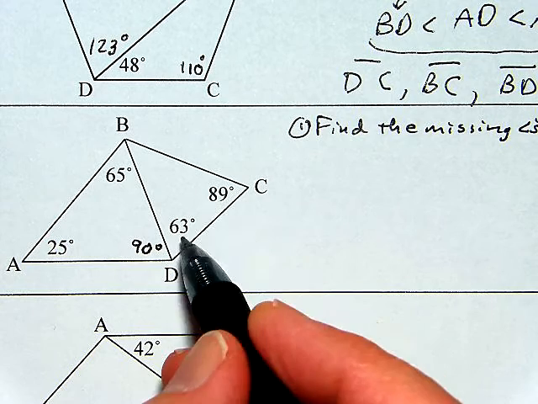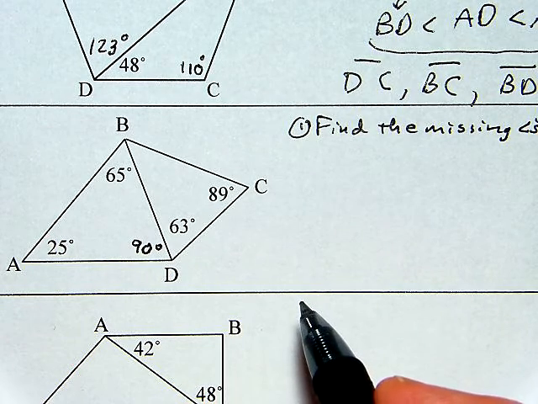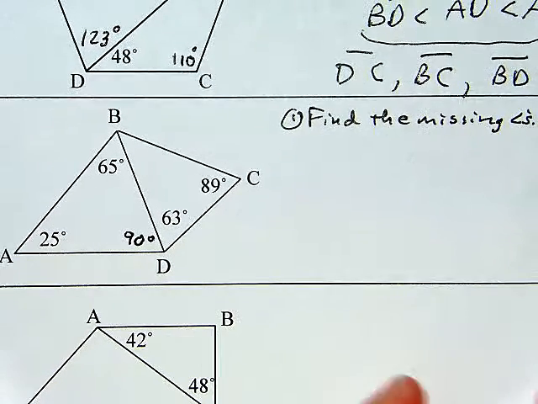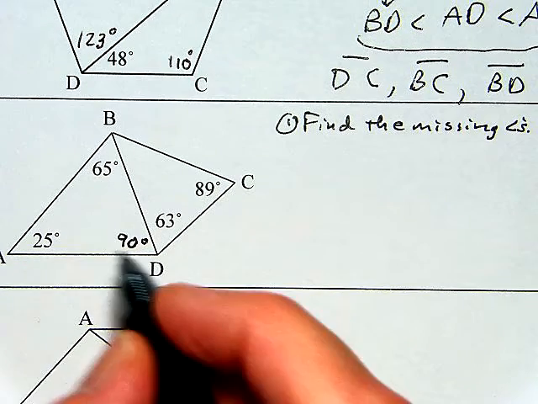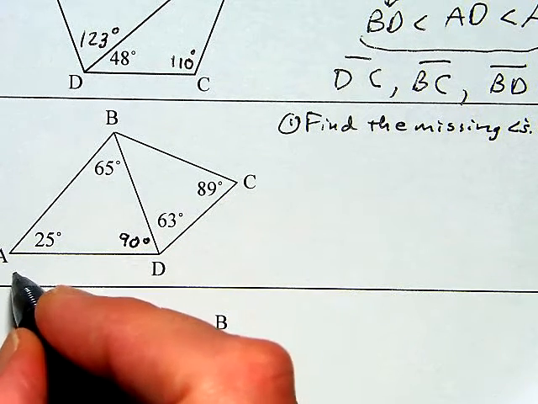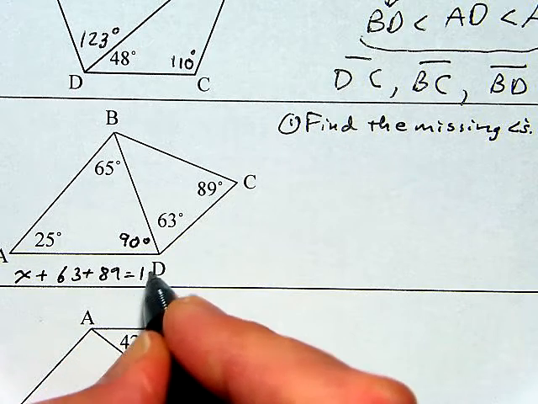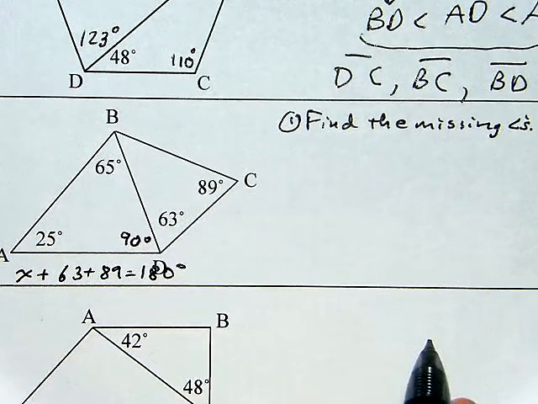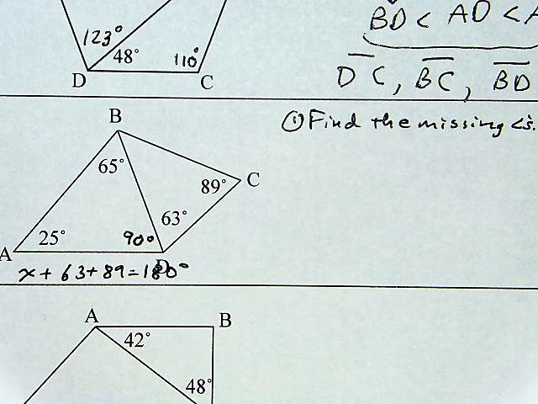Here we've got 89, 63, and the remaining angle would be, well, this one I might write out a little bit over here. So just remember, we have x plus 63 plus 89 equals 180, and we have to solve for x. So I'm going to do that on my calculator here. I hope you do it on yours.